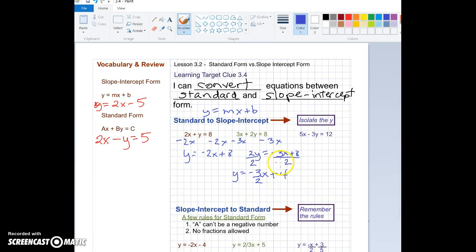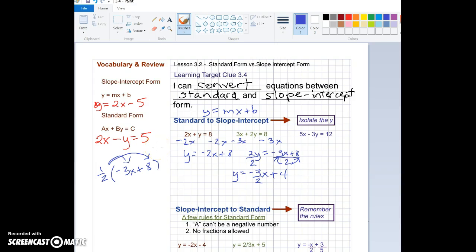All I did was I used the distributive property. I divided both terms by 2, okay? In some ways, it's kind of like saying 1/2 times negative 3x plus 8, right? Except I'm dividing instead of multiplying by 1/2, all right?